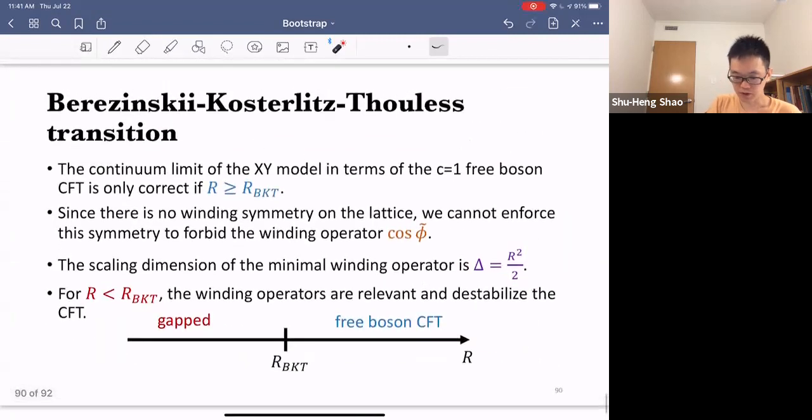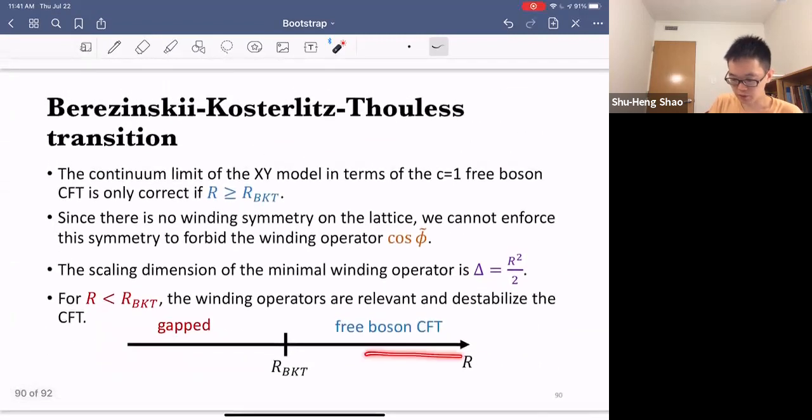So the phase diagram of the XY model looks like this. When the radius is very large, it's described by the continuum CFT. In the UV, I only have one U1 momentum, but in the low energy, I have an emergent winding symmetry, and together they have an anomaly. That's no contradiction. It's quite common that in the UV, you have less symmetry and no anomaly, but in the IR, you have more symmetry, and there's an emergent anomaly.